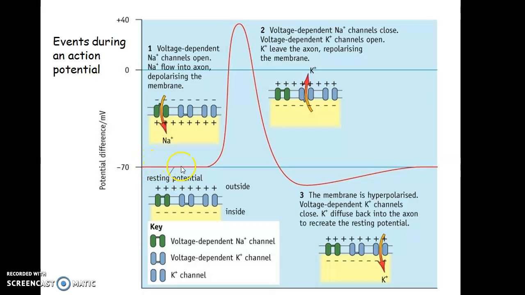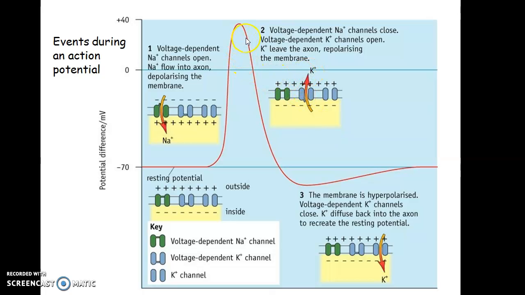Therefore, from the resting potential, an action potential is acquired by opening of the sodium channels and the neuron is depolarized. After that, the voltage gated sodium ion channels close and the voltage dependent potassium ion channels open, leading to the outflow of potassium ions from the membrane.